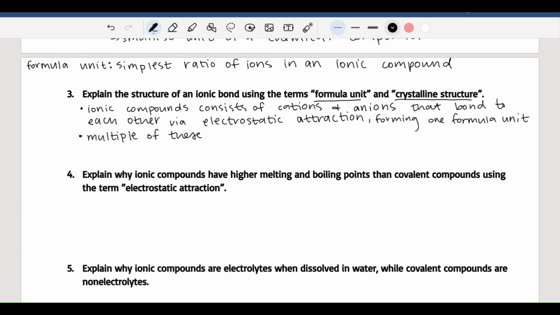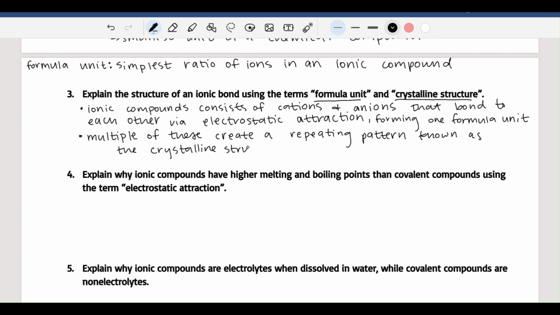Most of the time, a formula unit is just like one or two atoms bonded together. So multiple of these create a repeating pattern known as the crystalline structure.